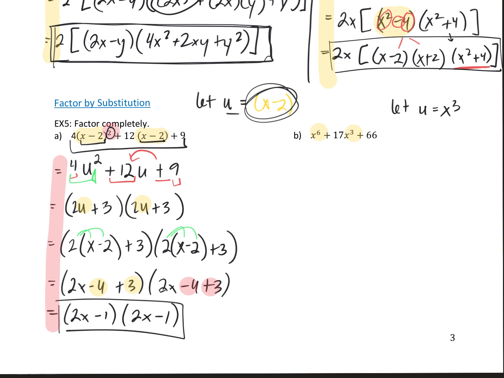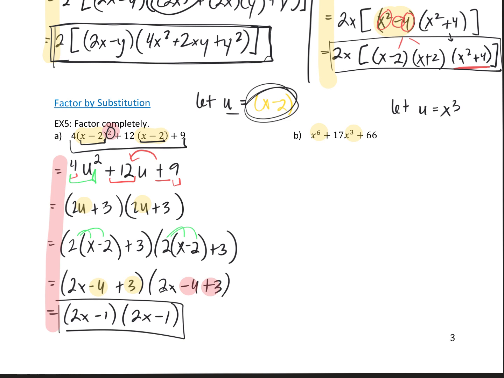Real quick, here's a reminder on how that works. X cubed, if I was to square that, what we do is we multiply the exponents and we would get x to the 6th power. Just a reminder on how exponents work. Okay, so let's go ahead and substitute that in and see what we get. First, I'm going to actually rewrite the trinomial so you can see the cubed in both places.